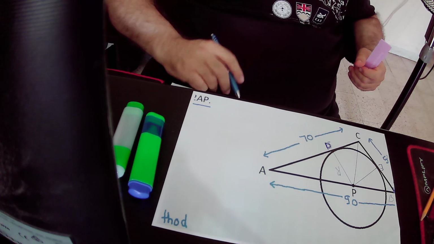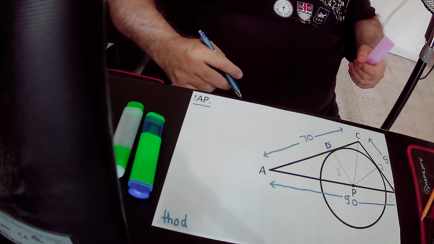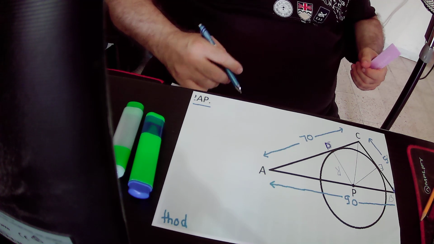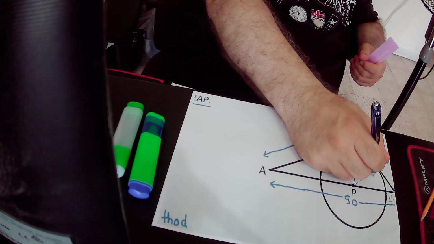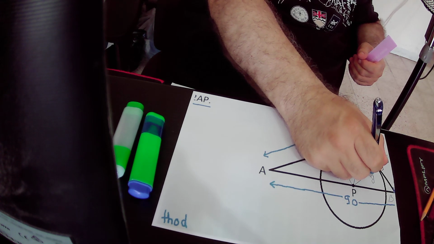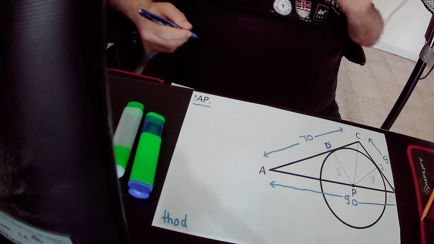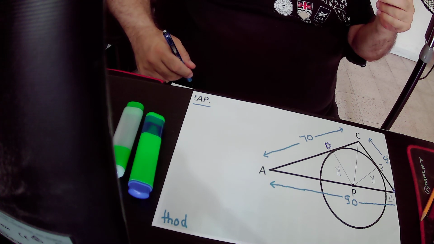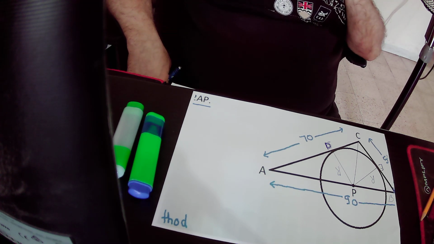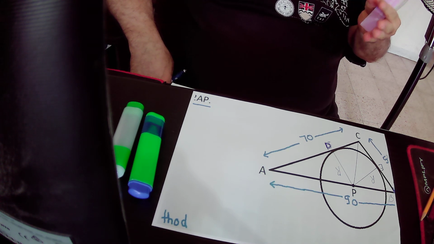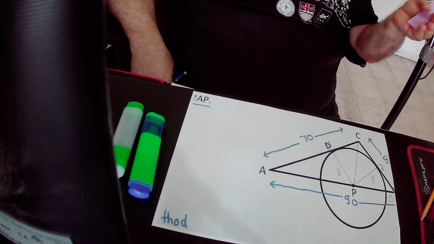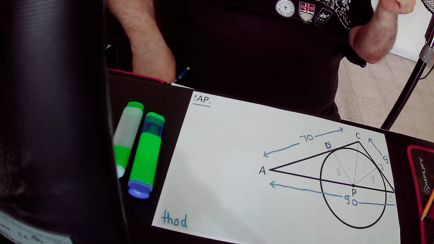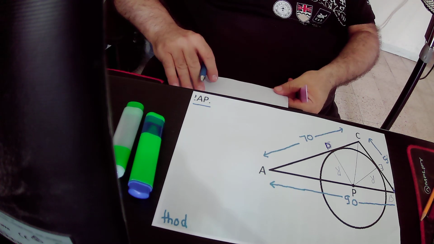Line PE is the radius of the circle, so I will mark it as R. R is the sign for the radius of the circle. So PE equals PD, the radius of the circle.